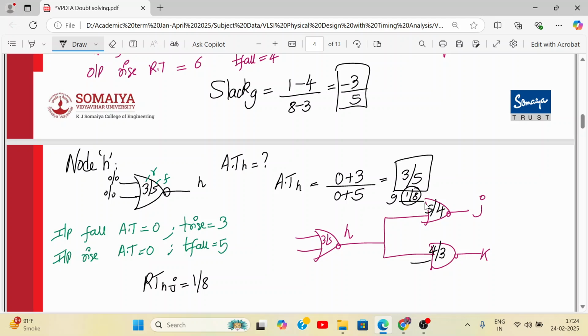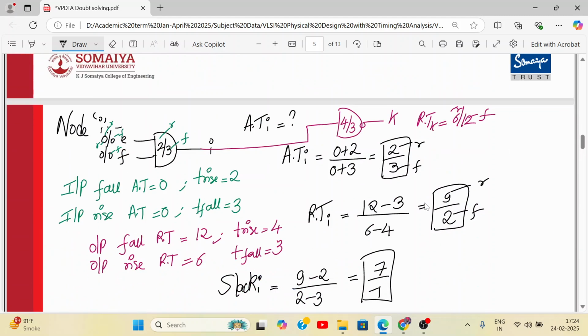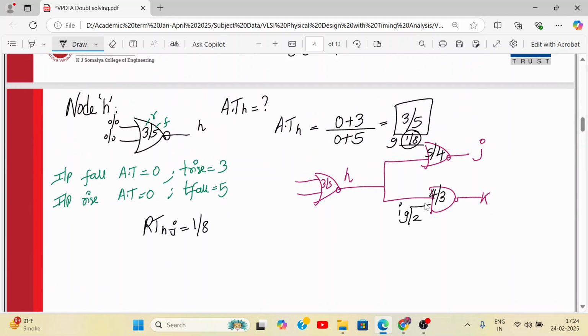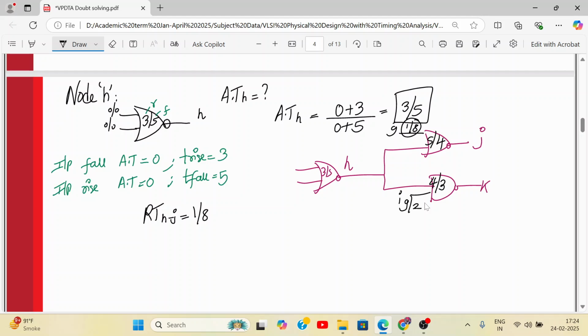And your other input is I. The return time for I will be 9 by 2. All right. So we know the return time of both the cases. So return time for H to K is also 9 by 2 because they are the same inputs. These are both the same inputs. This is G, this is I.